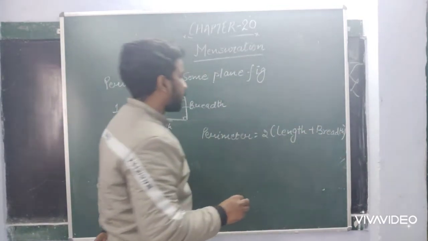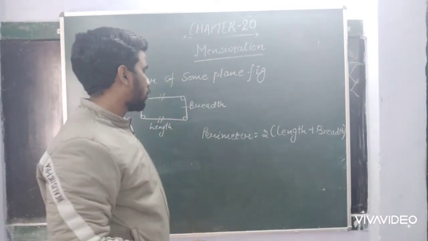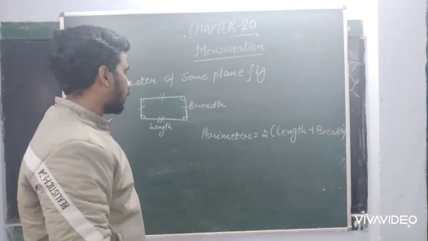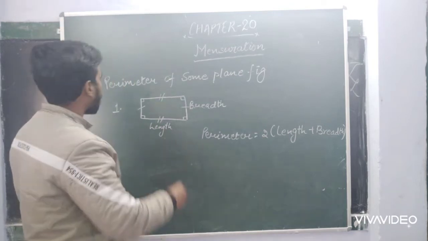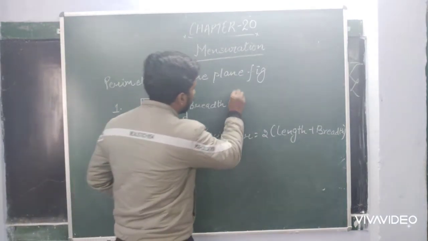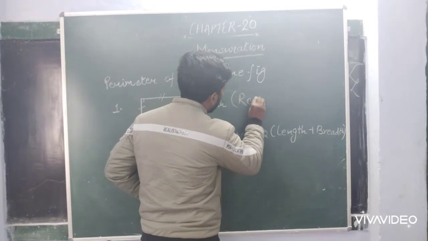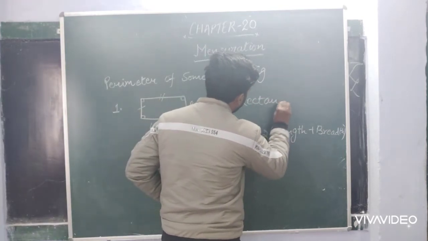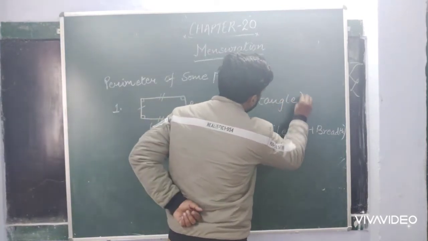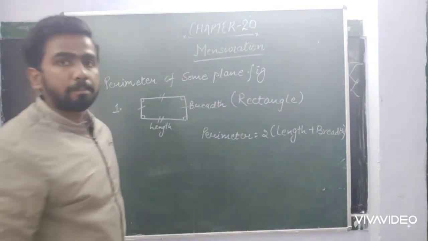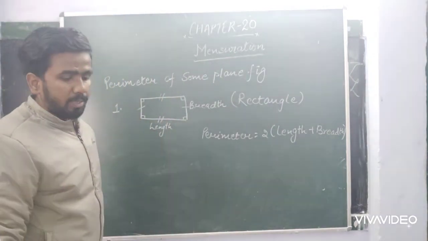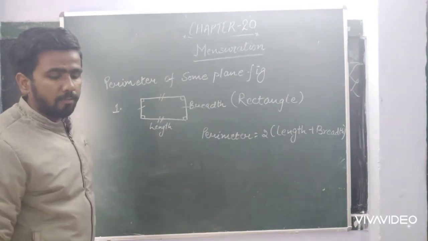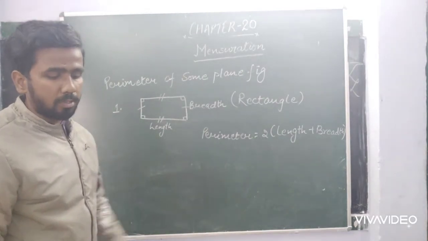Okay, if you know one length and one breadth, you take twice the sum, and that will be the perimeter of the rectangle. This is on the rectangle. Clear? Take a look. Basic formulas will be helpful for you to solve the questions.